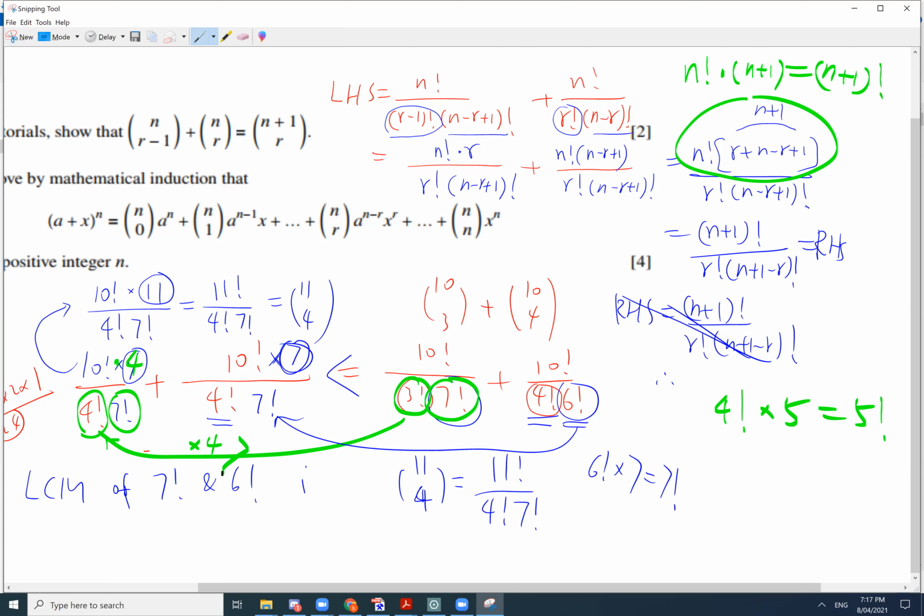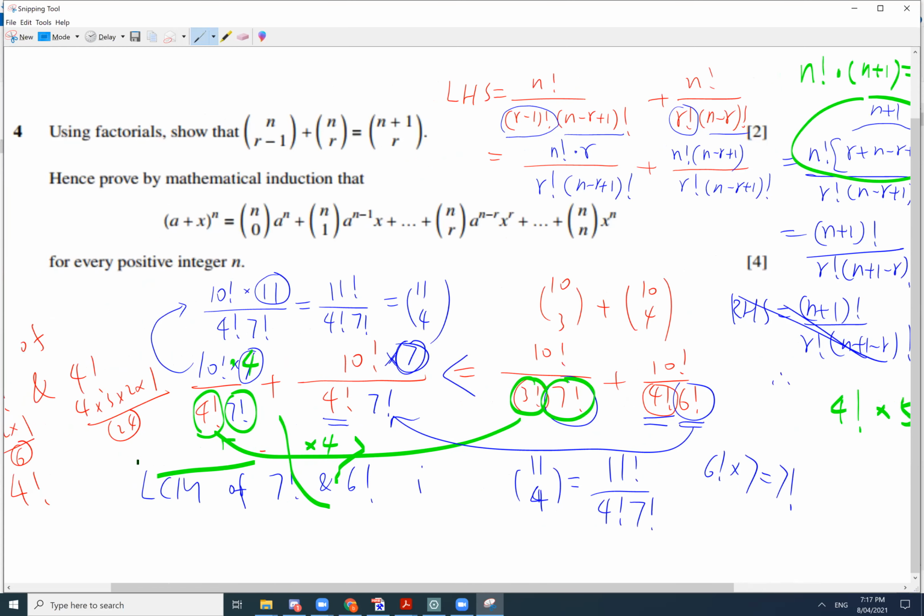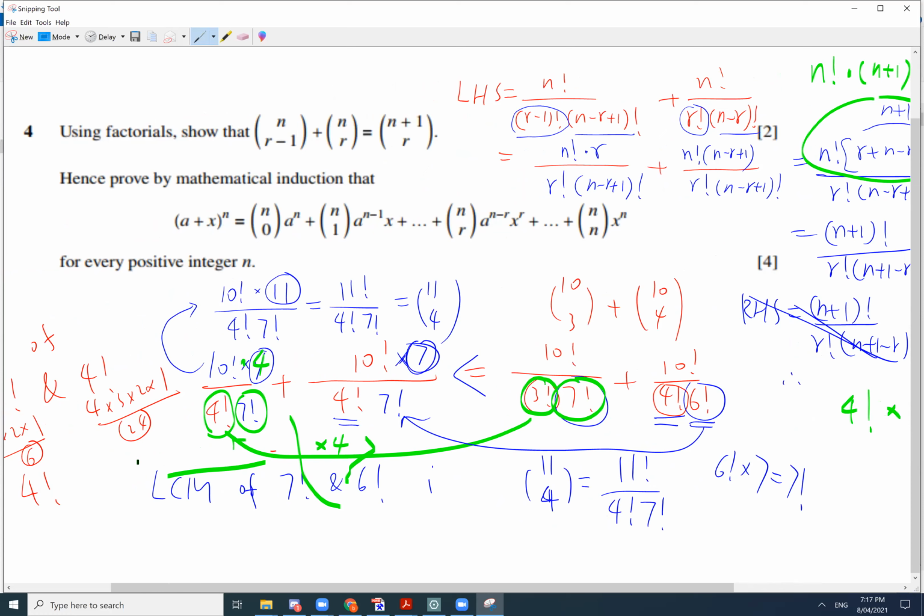Guys, now we can check induction. This is like asking to prove the binomial theorem.